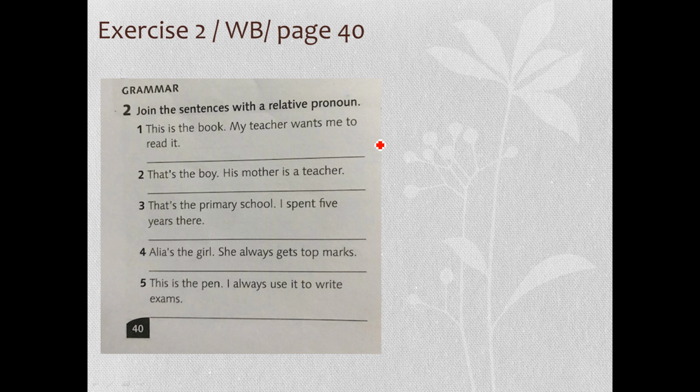طبعا قبل إضافة الاسم الموصول دائما ببحث عن الاسم أو الضمير اللي بيكون عائد بالجملة الثانية على الاسم مثلا اللي موجود في الجملة الأولى. يعني for example, this is the book. My teacher wants me to read it.